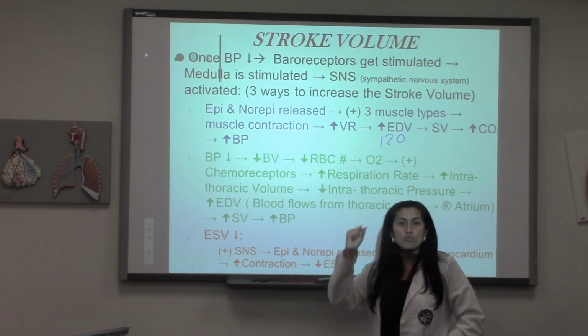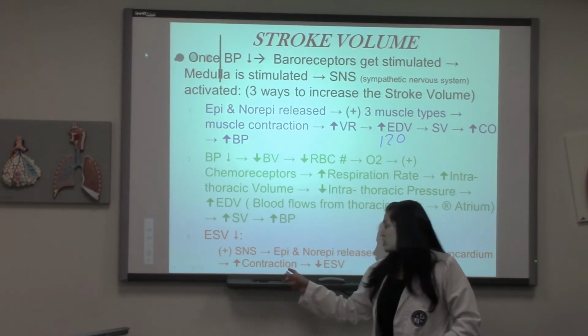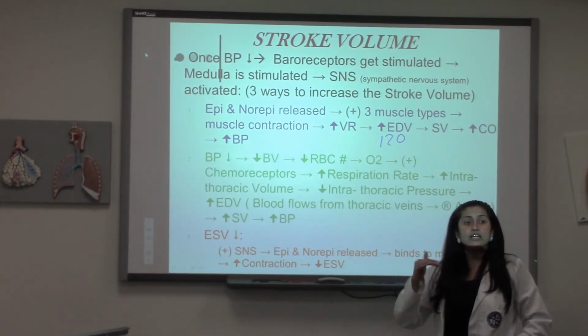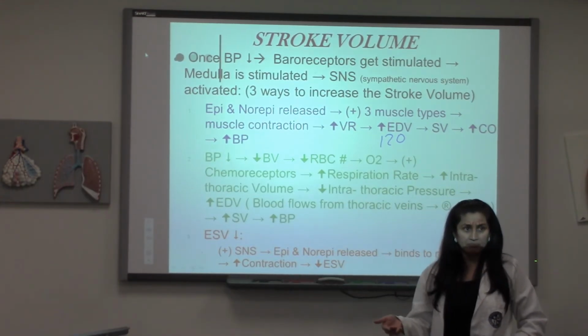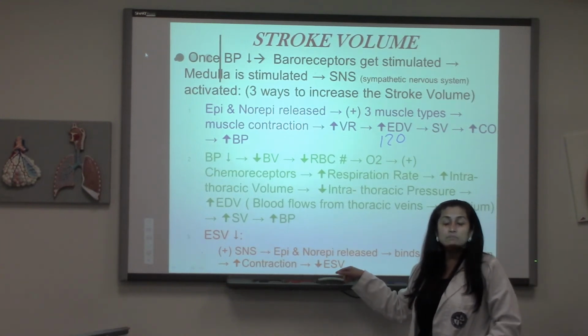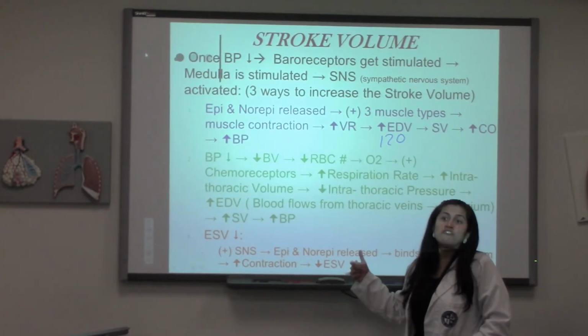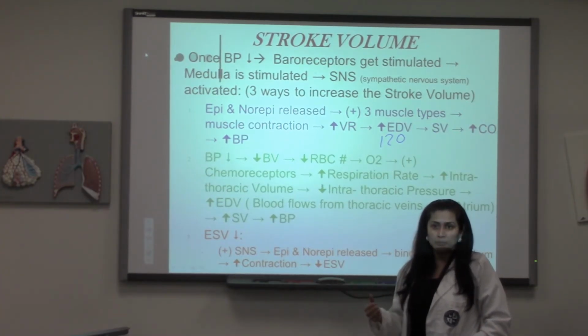So there's a stronger, more forceful contraction. And if there's a stronger forceful contraction, you're ejecting more blood out. Okay? If you're ejecting more blood out, isn't there less blood remaining in the chamber at the end of systole? So you have just decreased your end systolic volume.